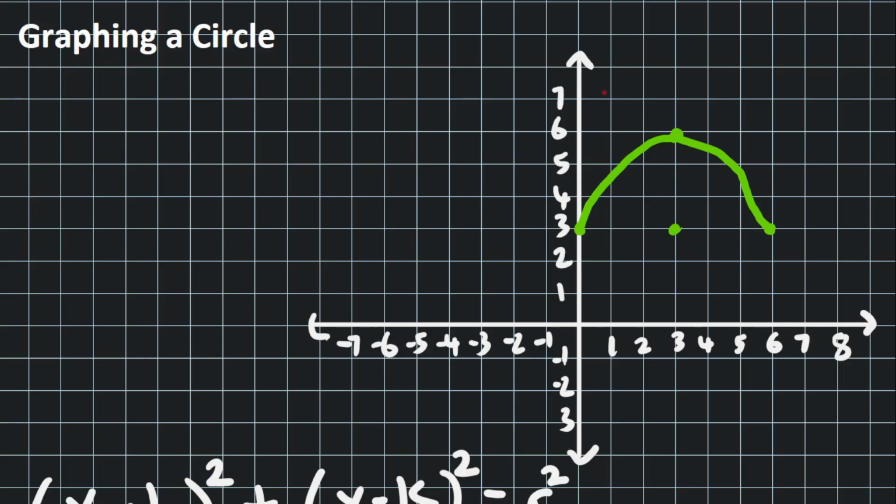And this would be a function because it passes the vertical line test at every point. So a semicircle would be a function, but a full circle, so if I reverted it back to the full circle, this would not be a function. So that's one thing to understand whenever you graph a circle. You can graph it, but it is not a function.